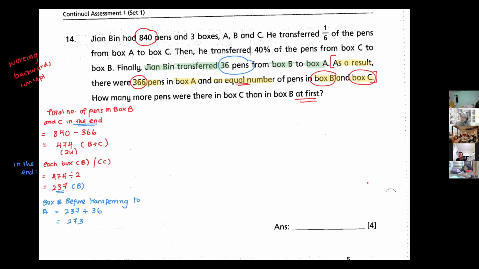This is what I have before I transfer 36 pens from B to A. So I'm okay with the green part.